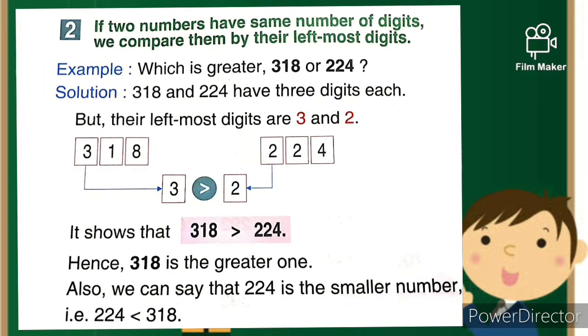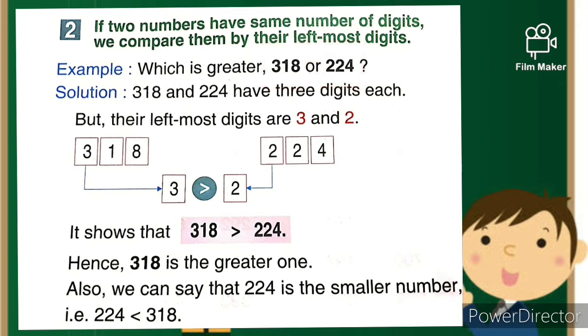But if two numbers have same number of digits, then we compare them by their leftmost digits. Here you can see one example. Two numbers are given to you. First number is 318 and the other number is 224. Here both the numbers have same number of digits, that is 3 digits in each number.